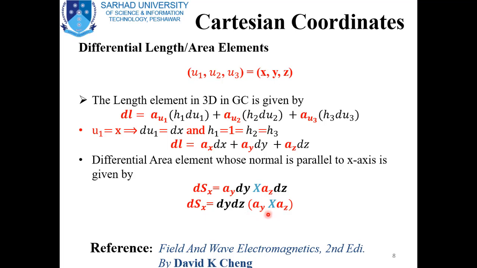We studied this relation in our previous slides. So ay and az in cross multiplication will give us ax. So our final result will be a surface which is parallel to the x-axis, and this surface is made by y and z elements and the direction which is ax.